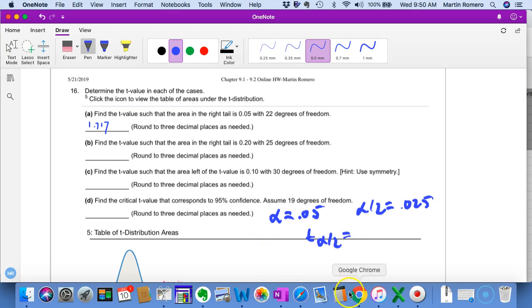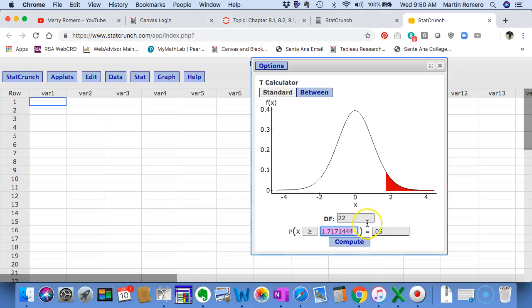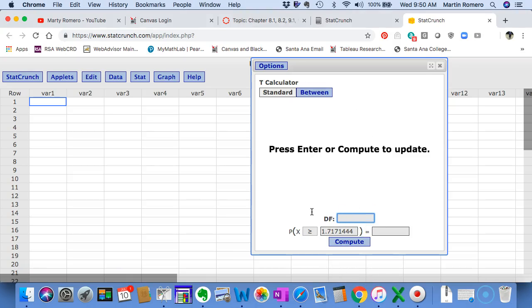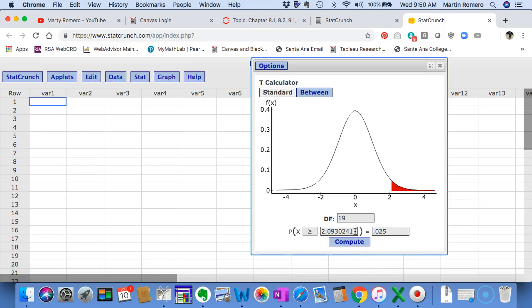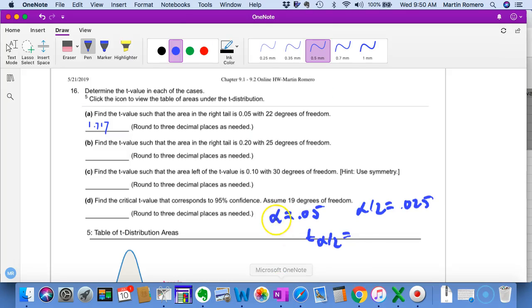In order to calculate that, the degrees of freedom is 19, so we would put 19 in here, and I'm going to put 0.025 there, compute, and so I get 2.093. 2.093 would be my critical value.